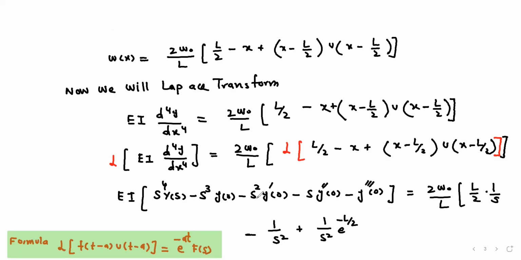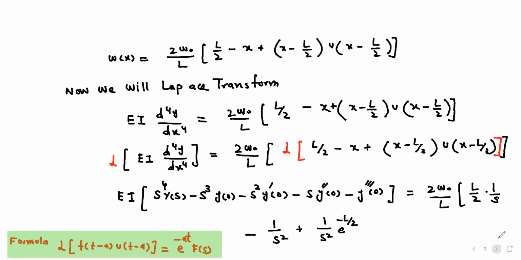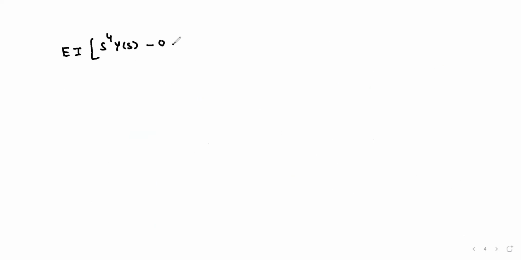EI s raised to power 4 capital Y of s minus 0, and the second, y prime of 0, this is also equal to 0. Sorry, this is also equal to 0.